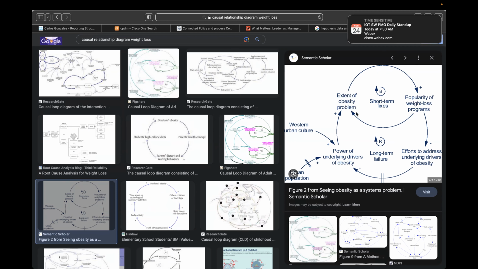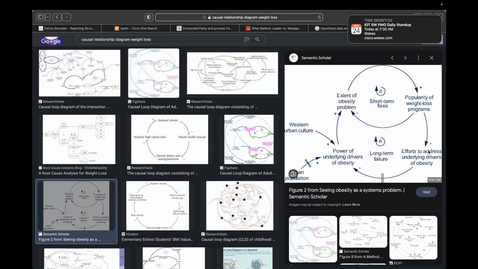If you see a negative sign by it, then that's a decrease. So you can see here that the more weight loss programs you have, it actually decreases the obesity problem, because there's a minus sign here. Which makes sense. The more programs I have that address obesity, if they're effective, you should have less obesity.